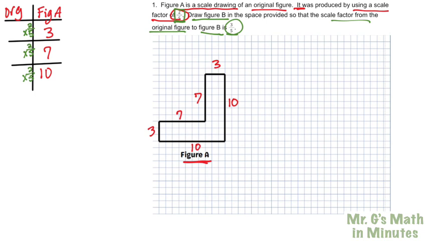So from left to right in this table, we are multiplying, but we don't know that number all the way to the left, so we can't do this multiplication problem. What we can do, however, is go the opposite direction and do 3 divided by 2/5, 7 divided by 2/5, and 10 divided by 2/5.